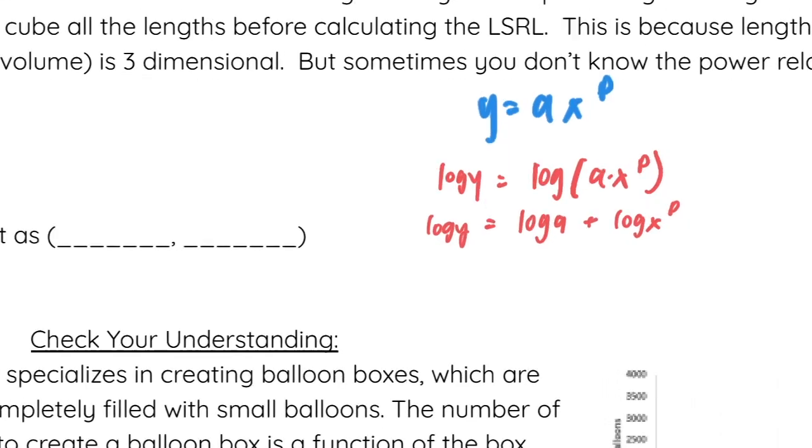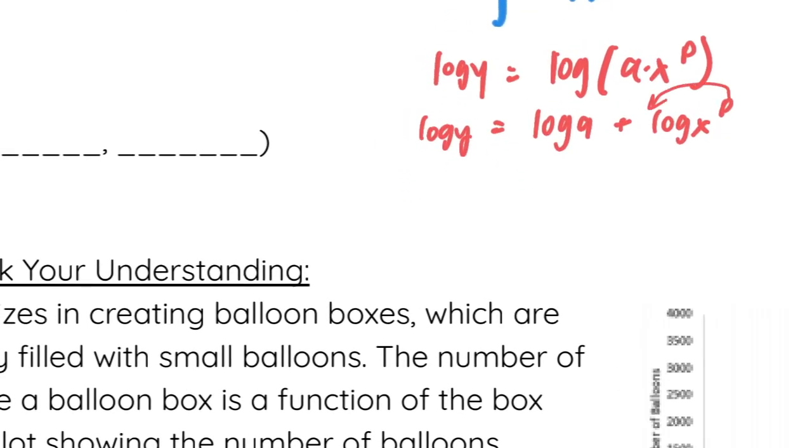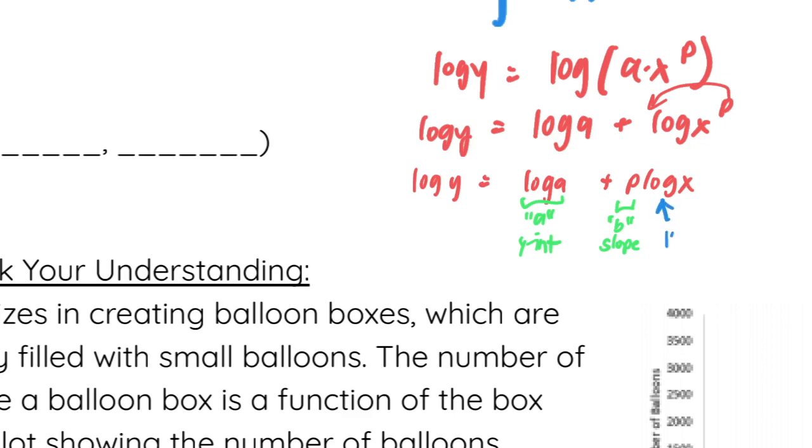And then the p can go in front, so I get log y is equal to log a plus p log x. Now, this is still a. This is b now. P is now our slope. This is our y-intercept. And now our input is log x, and our output is log y.